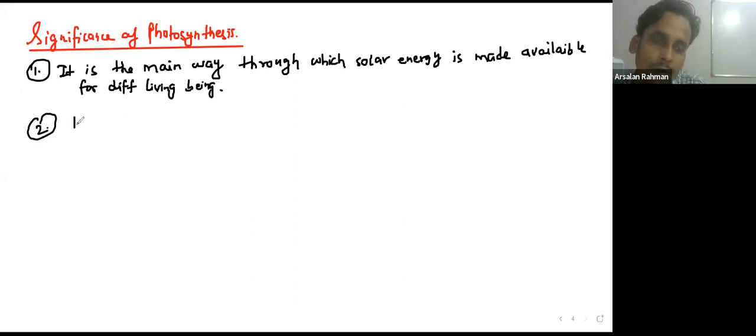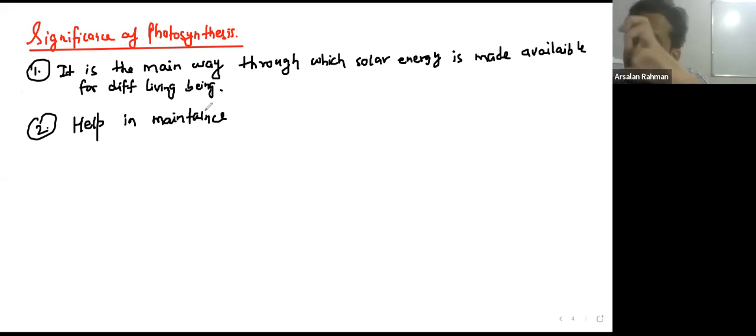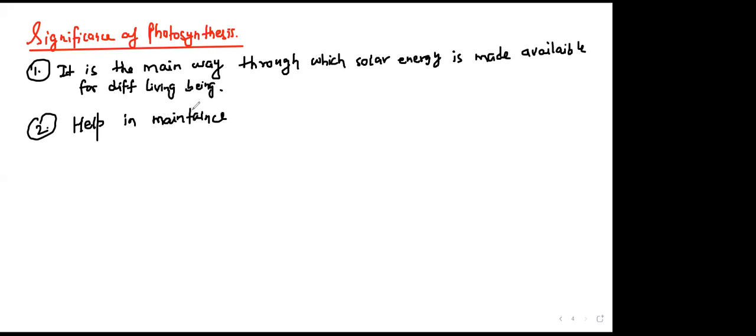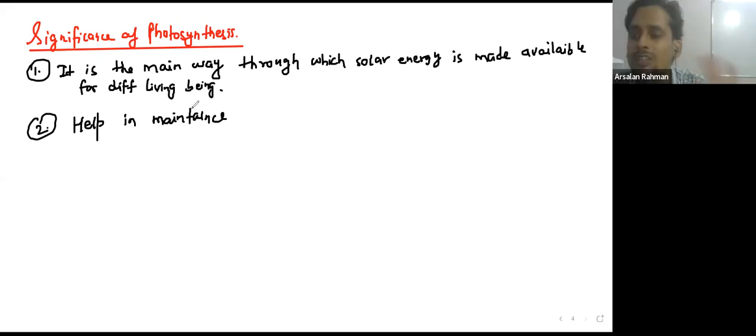Help in maintenance of CO2 and O2 level. Plants take the carbon dioxide we produce and release the oxygen we consume. So who maintains the percentage of oxygen and carbon dioxide in nature? Plants.